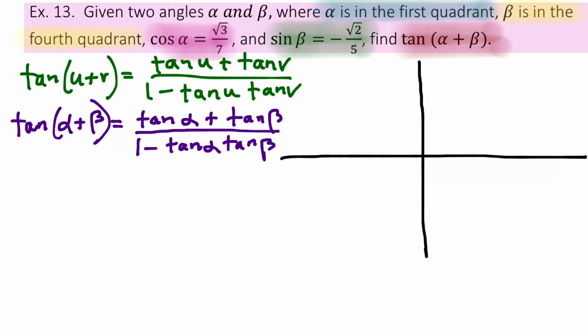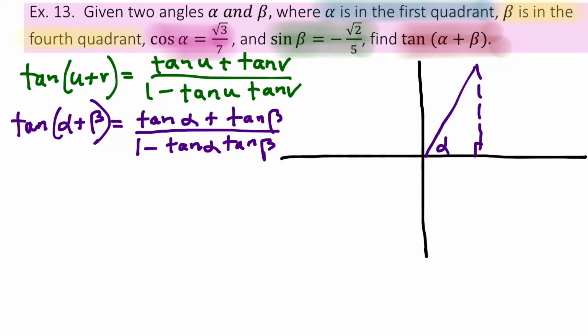So we want to be able to draw a nice diagram here. So the first piece of information I have is that alpha is in the first quadrant. So I'm going to draw the terminal side of alpha in the first quadrant. So dropping a perpendicular, here's my reference angle alpha. All right, so that's alpha. And then we're also told that beta is in the fourth quadrant.